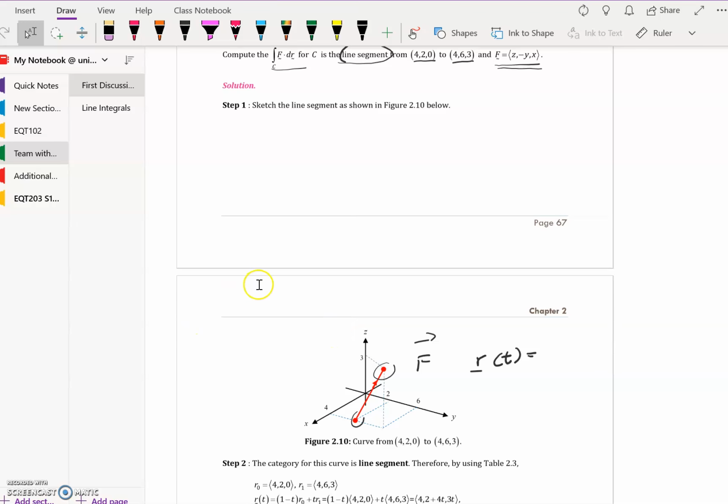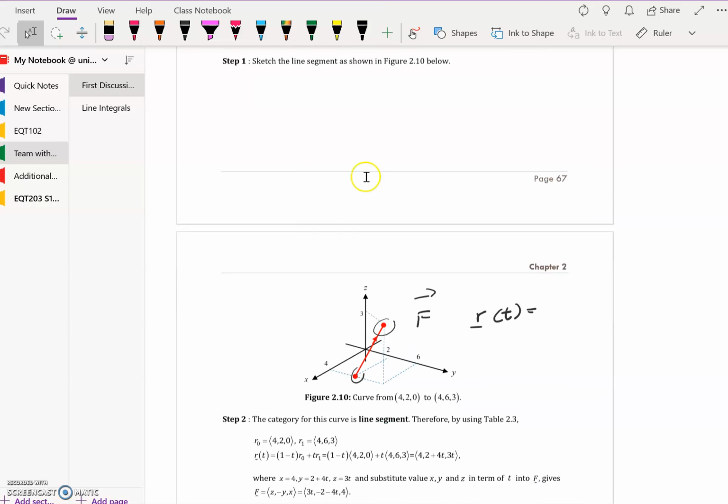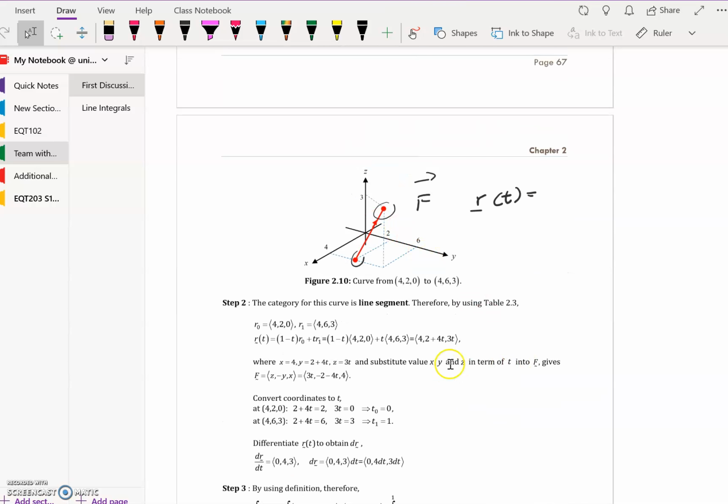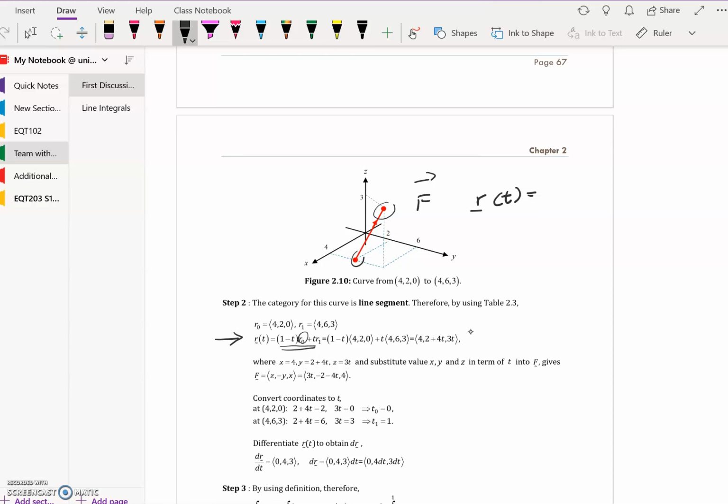Okay, go back to our question. The question told you that you have a line segment, so use the formula of the parametric equation for the line segment here: (1 minus t) r0 plus t r1. What is r0? r0 is the initial point, which is (4,2,0). And then plus t r1. What is r1? r1 is the destination point, which is (4,6,3).